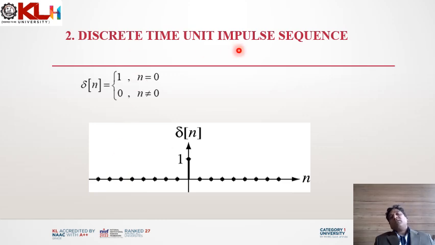We are going to discuss now the unit impulse sequence, which is denoted by delta of n. It has only a single value at n equal to 0, where the value is 1, and for all n not equal to 0, delta of n is 0 on both negative time and positive time. It has only a single value of 1 at n equal to 0, which is the origin of the time axis.